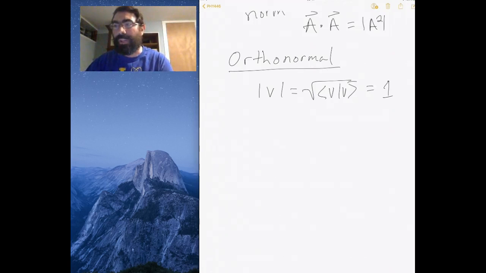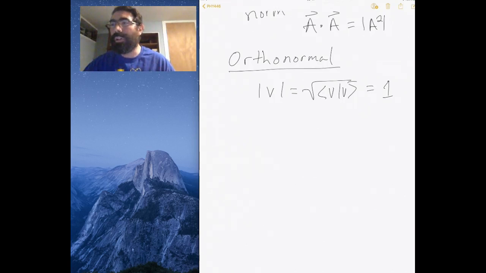So we have basically a unit vector from that, and it's orthogonal to other basis vectors. We're looking for basis vectors that are orthogonal to each other, and the length of those basis vectors is unity. It's a unit norm. That concept of orthonormal or orthogonality is going to come up time and time again in quantum mechanics, so we'll come back to that a little later on.